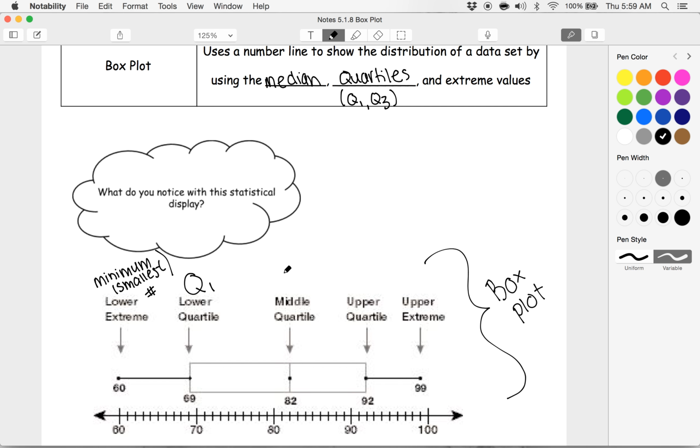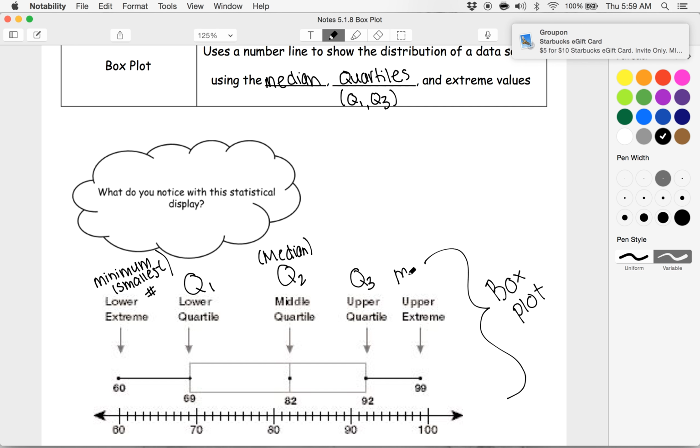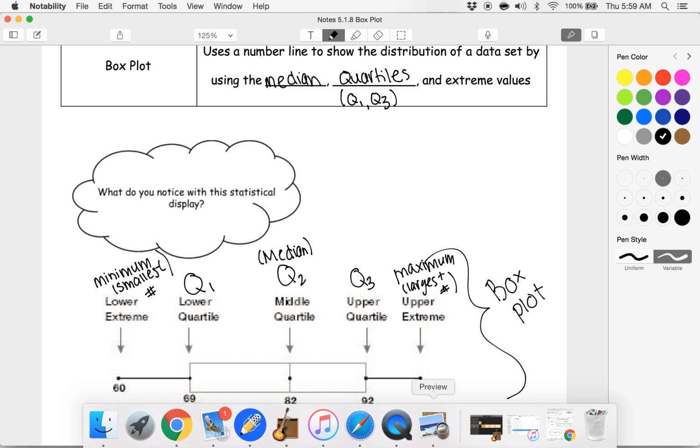Our middle quartile, which is quartile 2, and we also call it the median. Your upper quartile, which is quartile 3. And then you're going to need your upper extreme, which is your maximum or your largest value. Or largest number. Again, that's number, not hashtag.